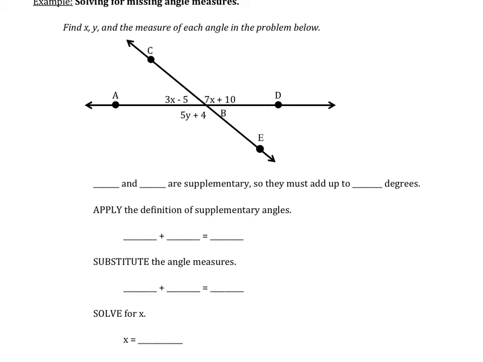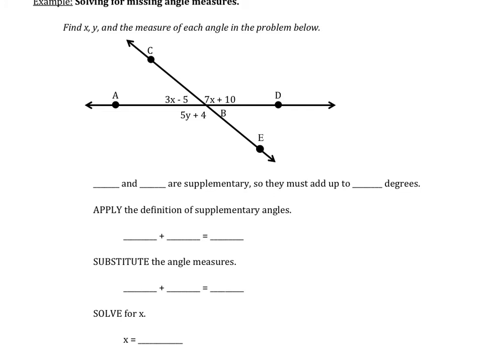So we want to use these in a problem to solve for some values. All right, so I'm looking at this problem, and it's saying that we want to find x and y.